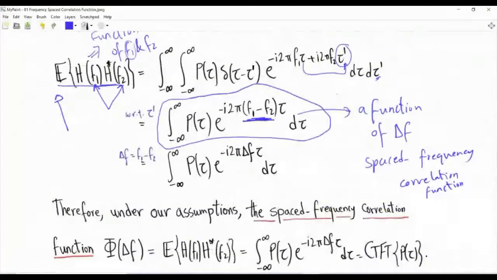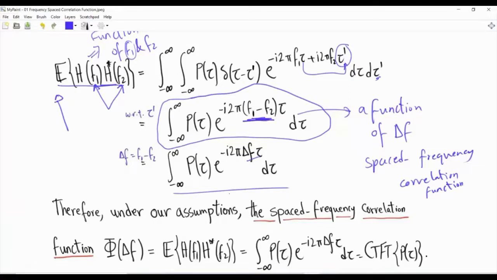But under our assumption, you can write things in terms of the difference. Another good thing happened here: if you write the difference as delta f, you have the integral of p of tau, which is the multipath intensity profile, times e to the minus j 2 pi delta f tau, integrated with respect to tau. That's exactly how we define the continuous time Fourier transform.